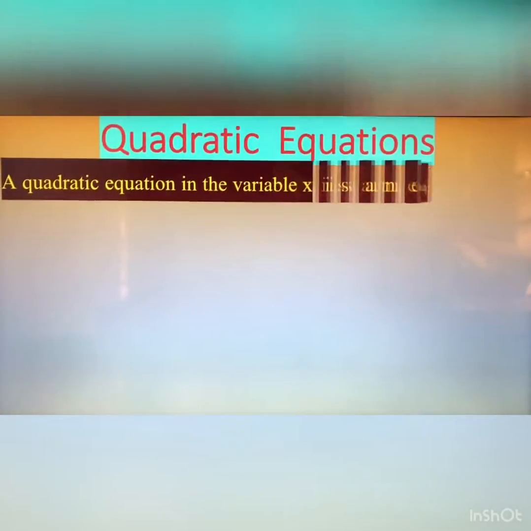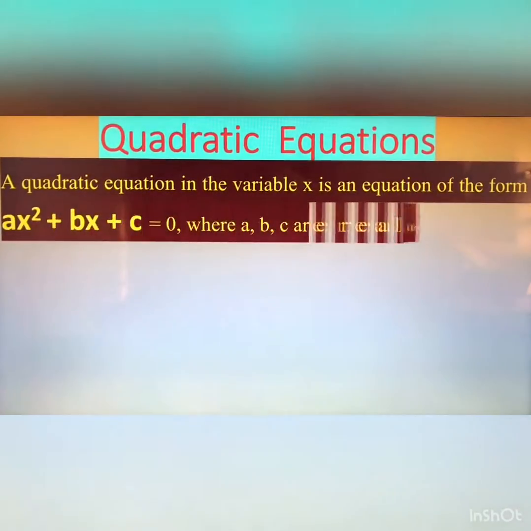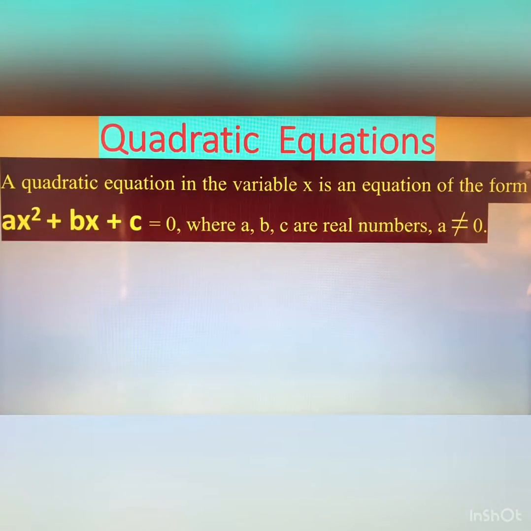A quadratic equation in the variable x is an equation of the form ax square plus bx plus c equal to 0, where a, b, c are real numbers and a is not equal to 0.